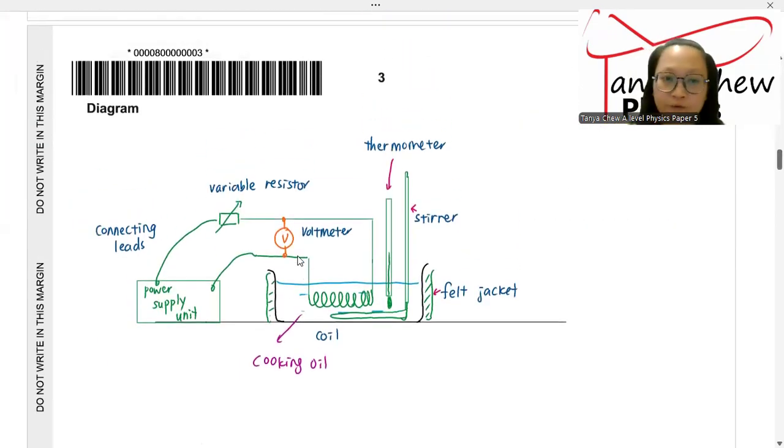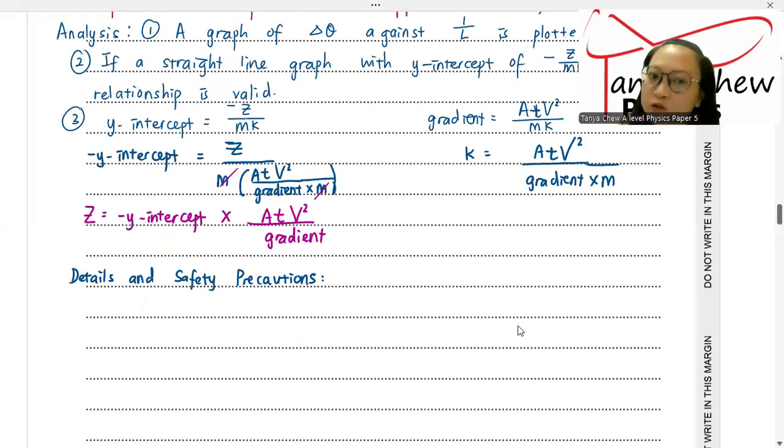I have two safety precautions. One is variable resistor to make sure that I can control the amount of current that flows through the coil. And I also have the stirrer to make sure that even heat is being distributed throughout the cooking oil, right? And the felt jacket, one more, to just minimize the heat that is lost to the surrounding, right?